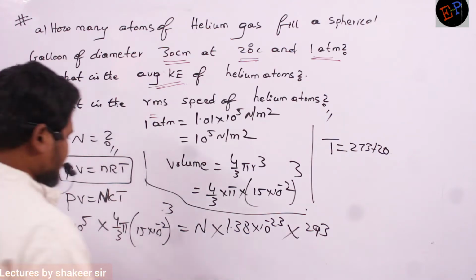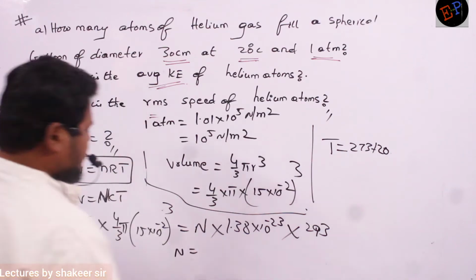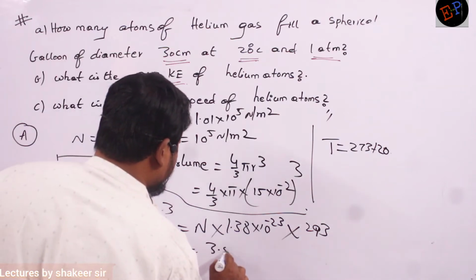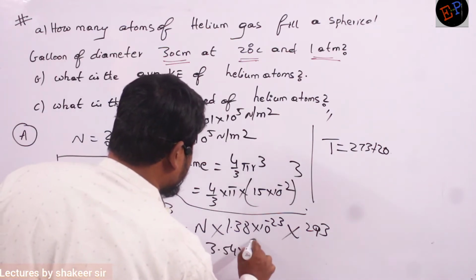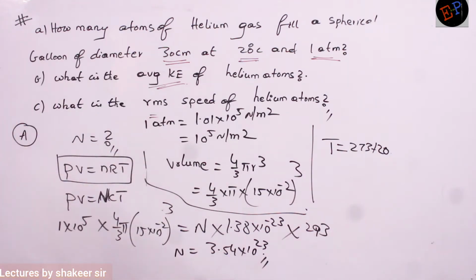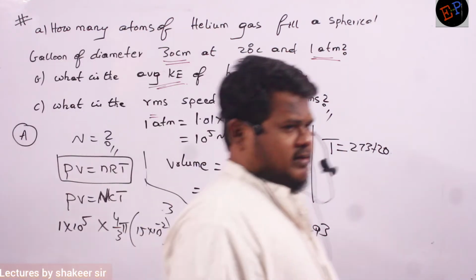The answer which you should get is 3.54 into 10 power 23. So these many atoms of helium are present in this container.